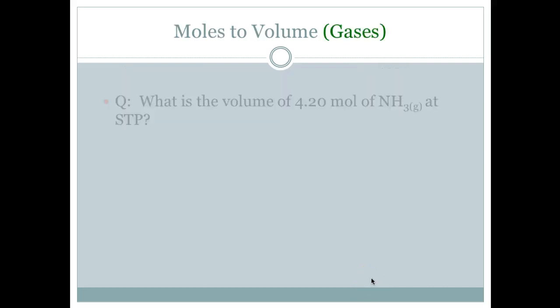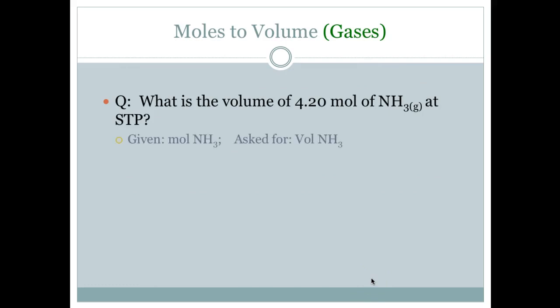Let's look at an example. This question reads, what is the volume of 4.20 moles of NH3 at STP? We're given moles and asked for volume, so let's set up a proportion. First, the relationship we know. 1 mole of NH3 is 22.4 liters of NH3 because 1 mole of any gas is 22.4 liters at STP.